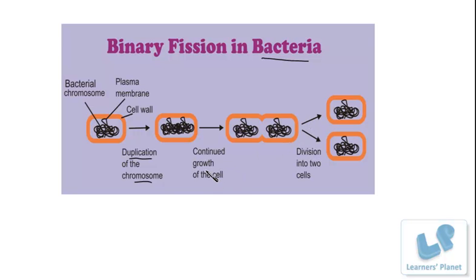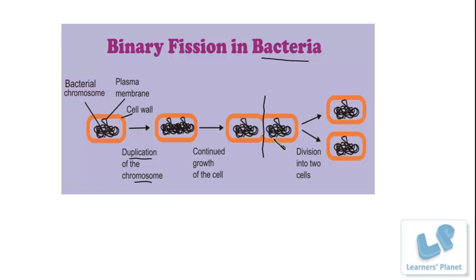So this cell growth will continue, and further when the chromosomal duplication is over and the cellular size is enough to break down, it will get constricted in the middle. After this constriction, the constriction towards inside will continue, and two cells are produced.